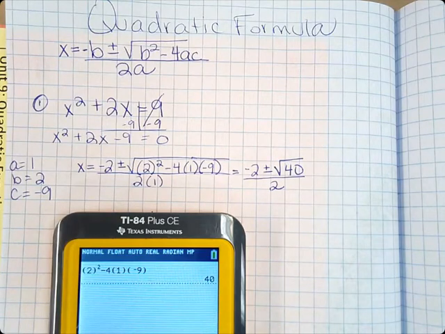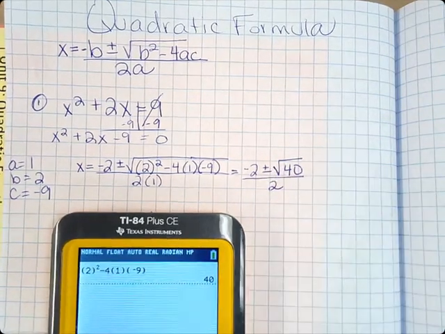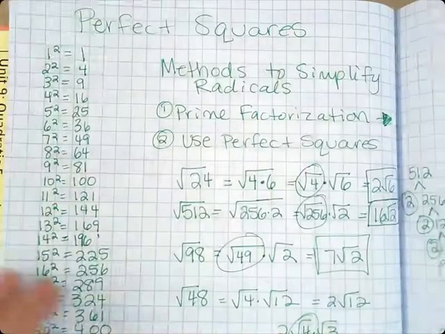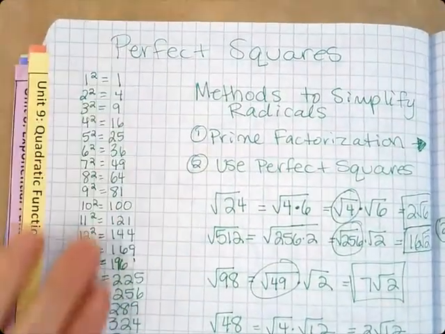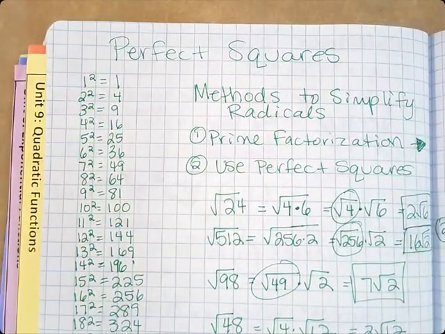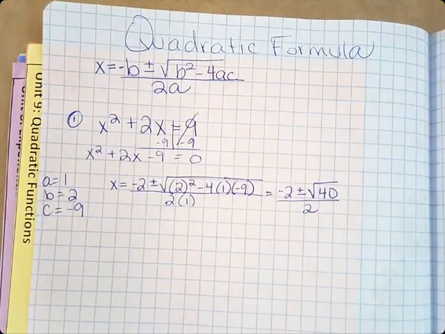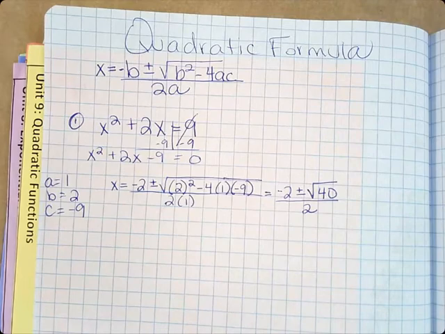So then our next step would be to simplify this 40. So we think back to our perfect squares and try to find the perfect square that divides evenly into 40. What would that be? What is it? 2 times the square root of 5.